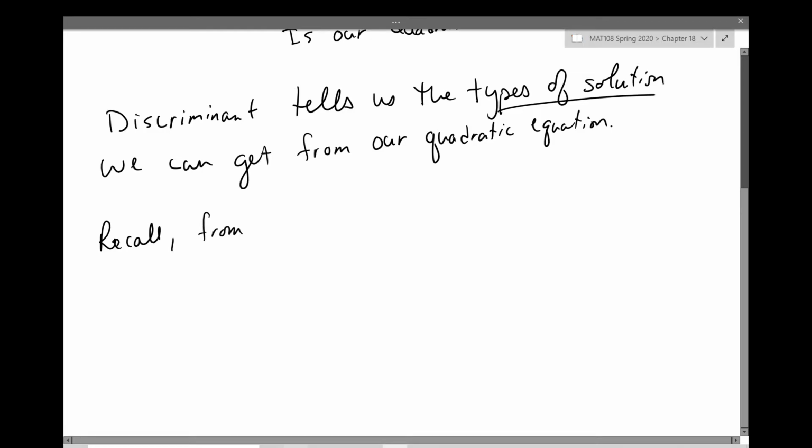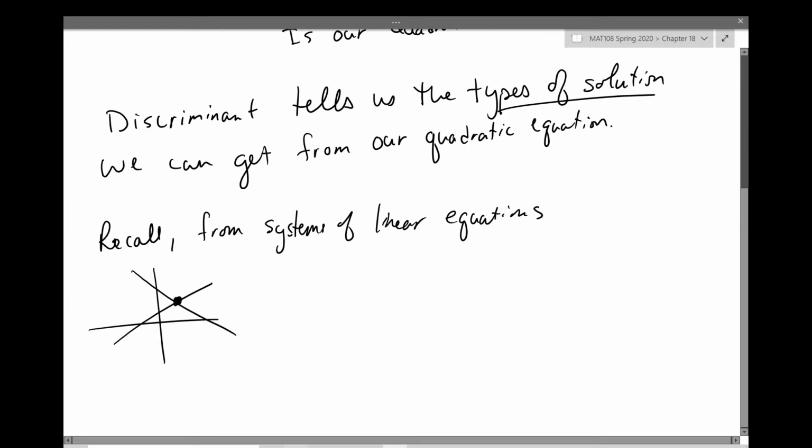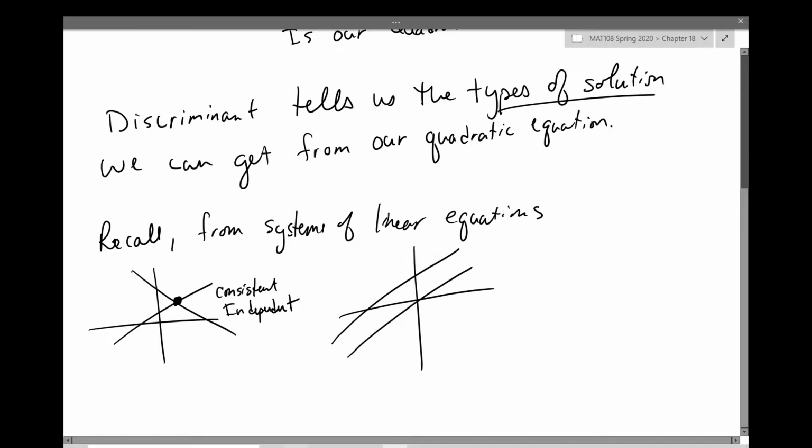Recall from systems of linear equations: if we have 2 lines that cross, let's say line 1, line 2, they cross right there, we would say that is consistent and independent. Then we had the situation where you had 2 parallel lines, and we would say there's no solution there.